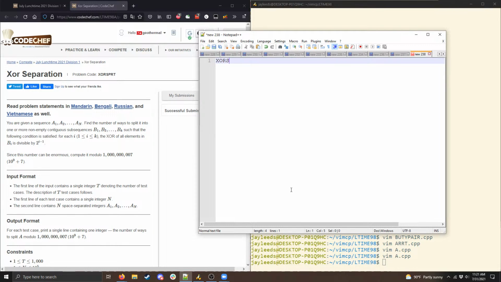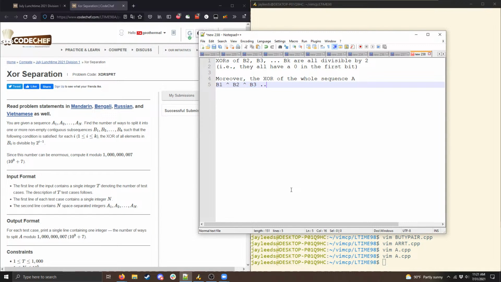the XORs of the subsequences b sub 2, b sub 3, all the way up to b sub k are all divisible by 2, i.e. they all have a 0 in the first bit. Moreover, the XOR of the whole sequence A is equal to B1 XOR B2 XOR B3 up to BK.